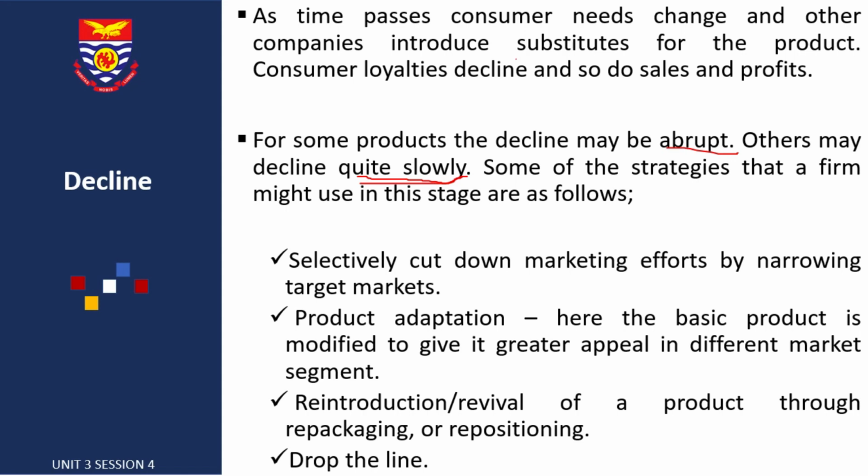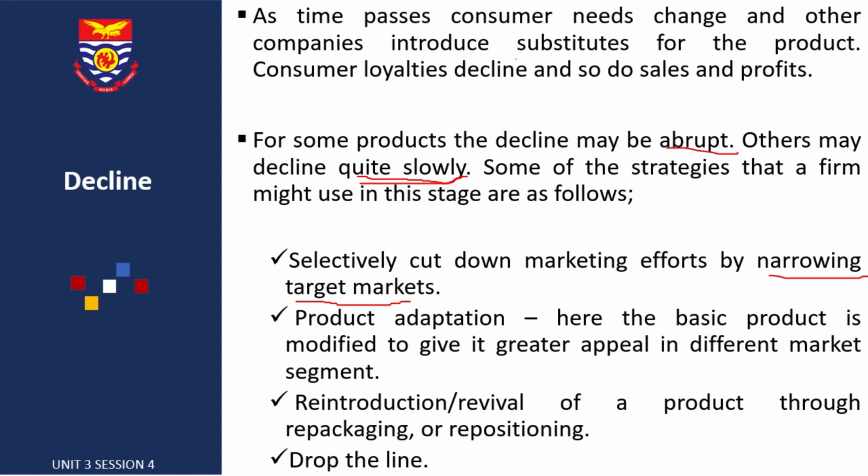Now, let us look at the strategies that a firm might use at the declining stage. 1. It is advisable for the firm to selectively cut down marketing efforts by narrowing target markets. It could be that the firm is serving a mass market or a very large market. When a product reaches the declining stage, it is advisable for the firm to narrow the target market.